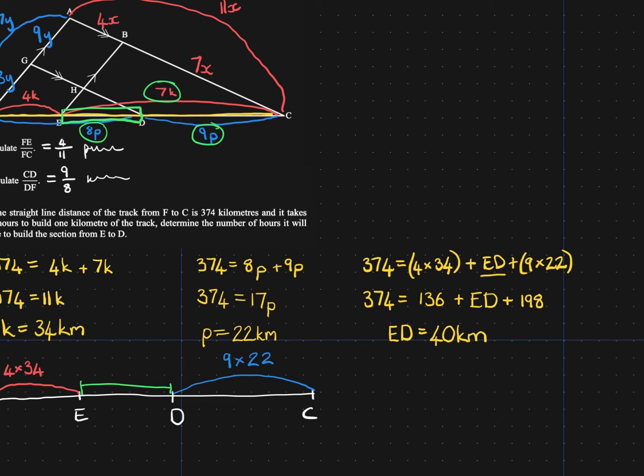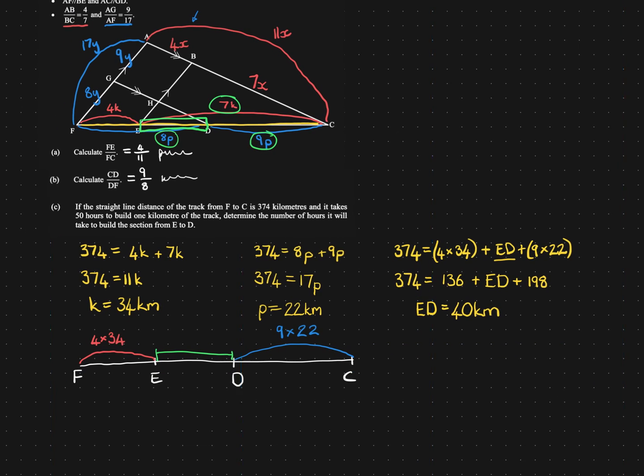Now what's going to happen for most people is at this stage they're going to think they're done with the problem, and that's why it's important to read the question again. It says if the straight line distance of the track from F to C is 374 kilometers and it takes 50 hours to build 1 kilometer of track, determine the number of hours it will take to build the section from E to D. So I still need to convert that to hours.